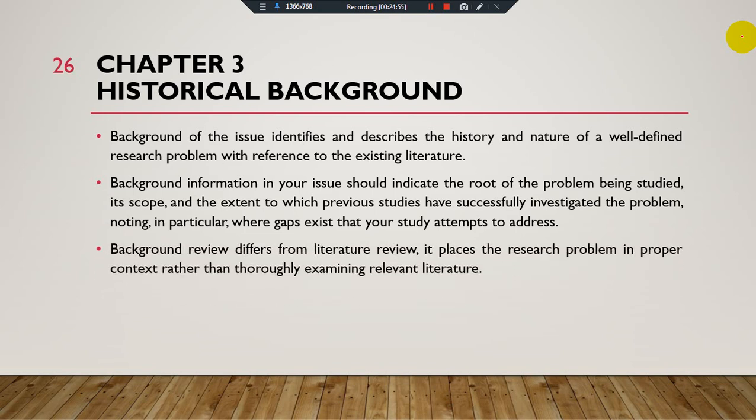Okay, a background review differs from a literature review. It places the research problem in proper context rather than thoroughly examining the relevant literature. So keep in mind that the historical background of the issue and the literature review are separate things. While writing the literature review, you have to provide only previous studies about the topic or issue.